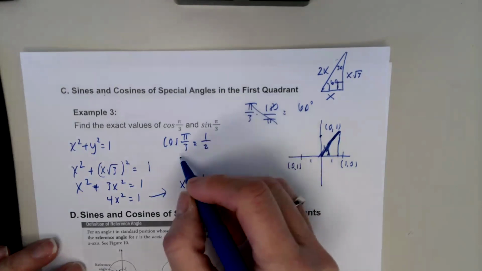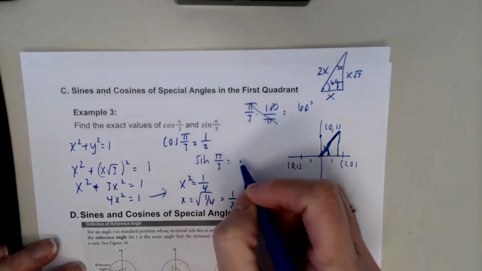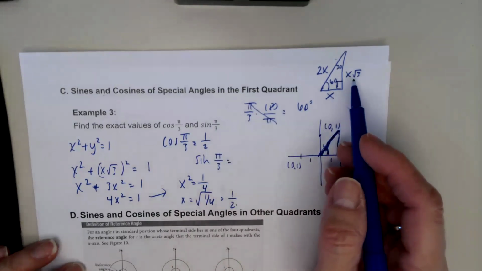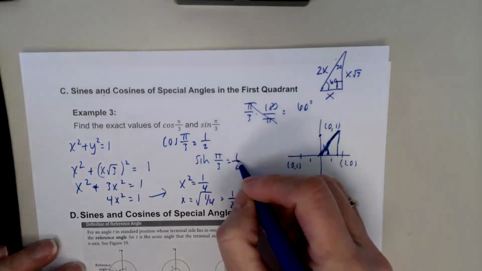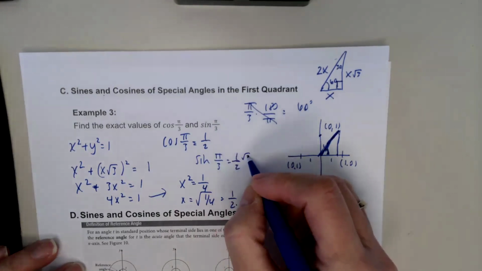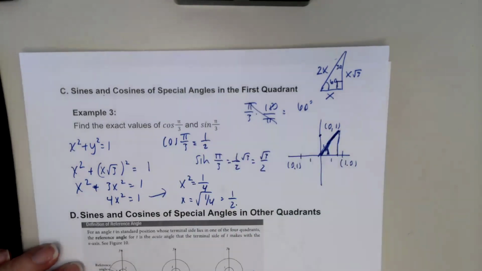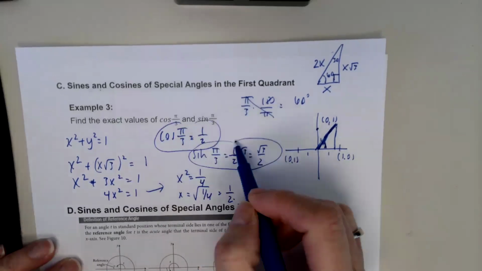And sine of pi over 3 is the square root of 3 times x, which is 1/2 times the square root of 3, or the square root of 3 over 2. That's going to be a special angle there.